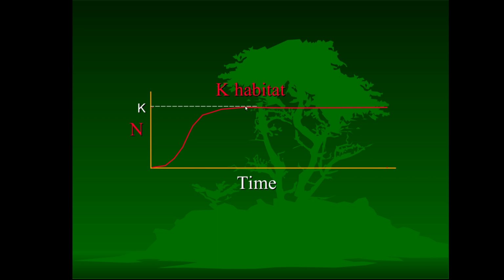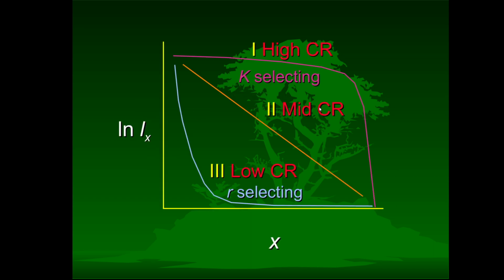So there's evolution towards higher fitness at higher density, which means evolution towards competing for resources and efficient use of resources, which results in an investment towards maintenance, getting resources and staying alive, which means you have a high survivorship curve. That's the high cost of reproduction curve.